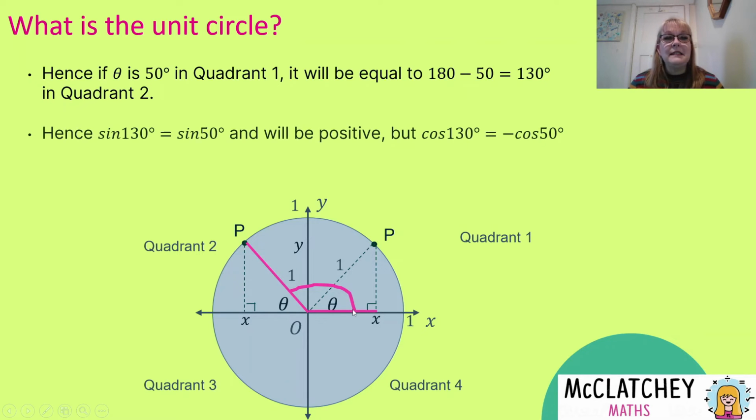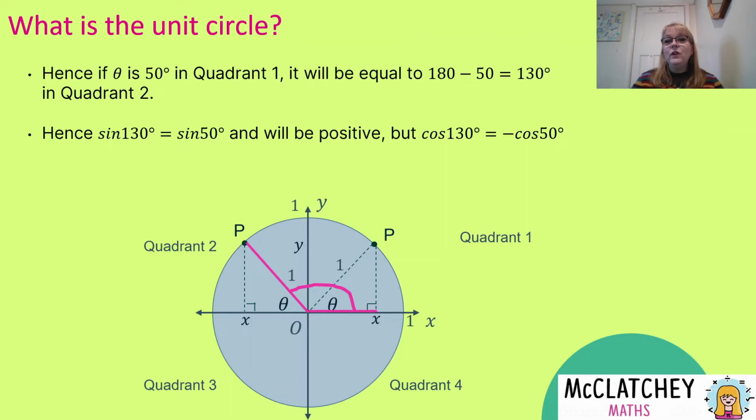So what that means then is that sine 50 and sine 130 are both going to be positive because remember, all students take classes, in the second quadrant, sine is positive. So sine theta equals sine 130. You can try it on your calculator and see if it works. It does work. Just make sure you're in degrees mode.